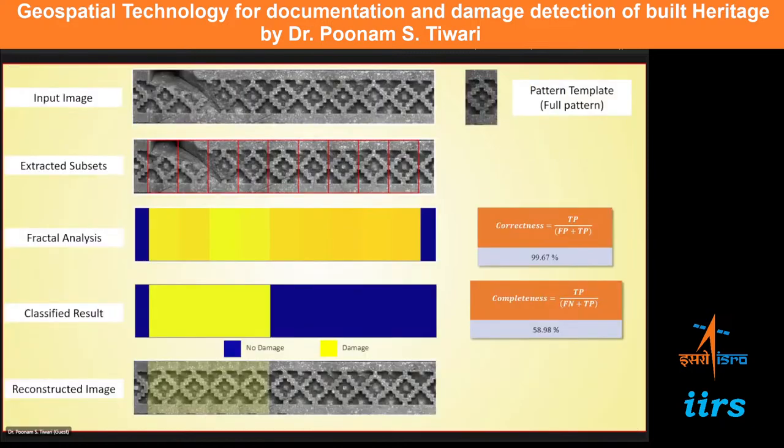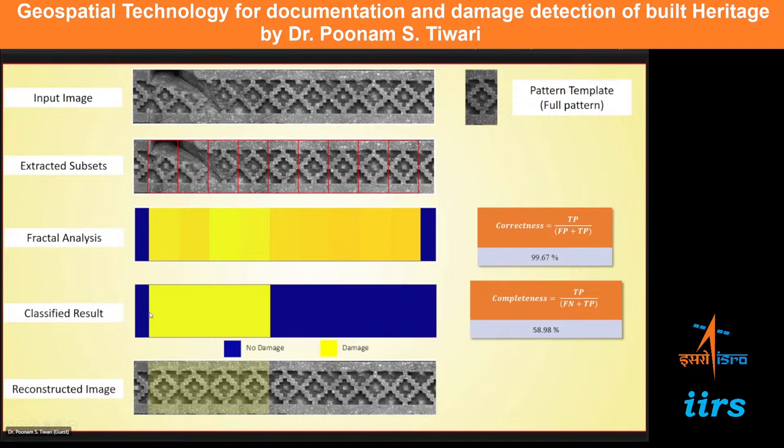Okay, similarly here also you can see this is the pattern. So what we have taken is a template of this pattern. For the template, we have calculated fractal dimensions and tried to fit that template throughout the area.